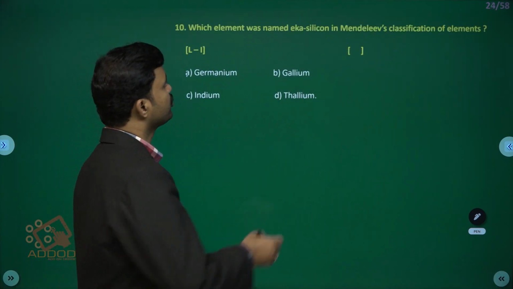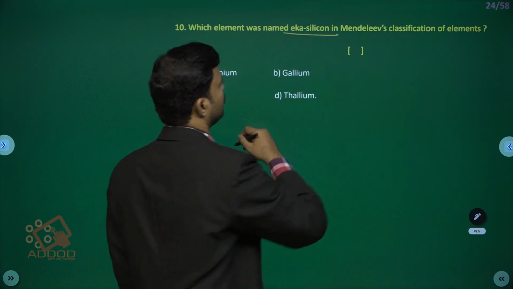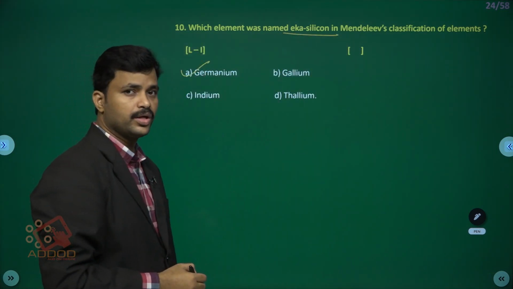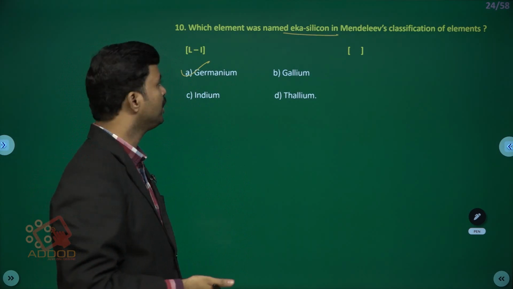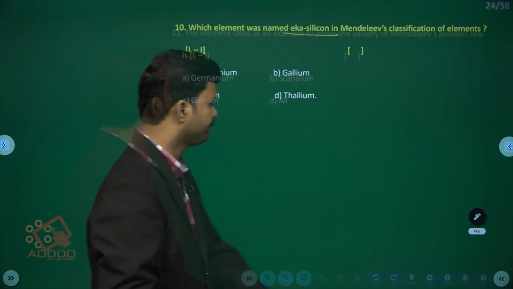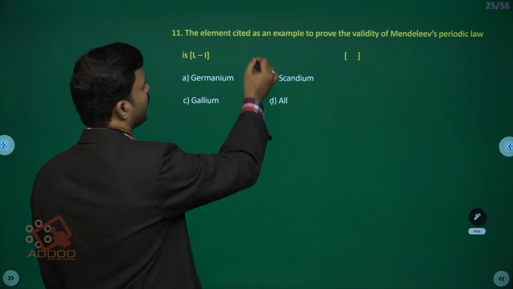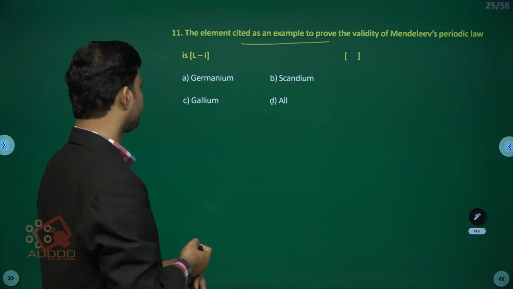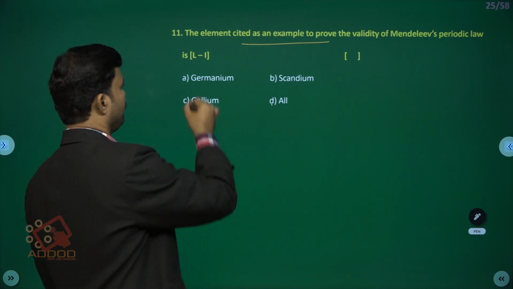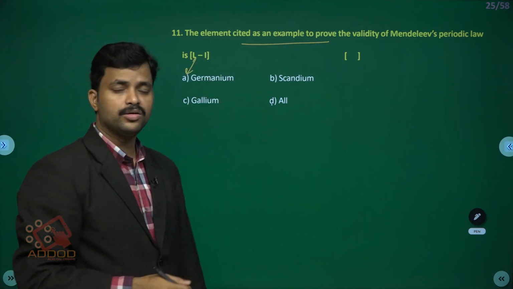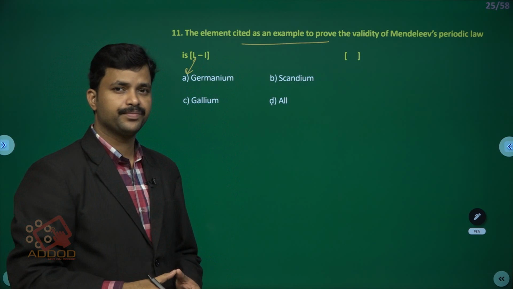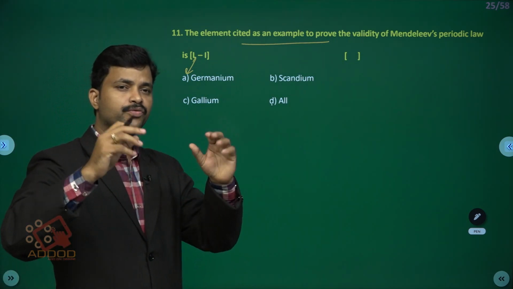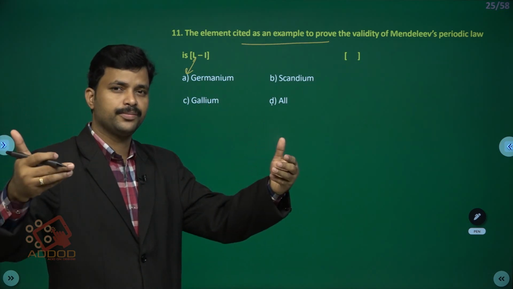Which element was named Eka silicon at the time of Mendeleev? That is germanium. Eka aluminum is gallium and Eka silicon is germanium. The element cited as an example to prove the validity of Mendeleev's periodic law: Mendeleev's periodic law is absolutely correct because he gave spaces for elements which were not discovered.